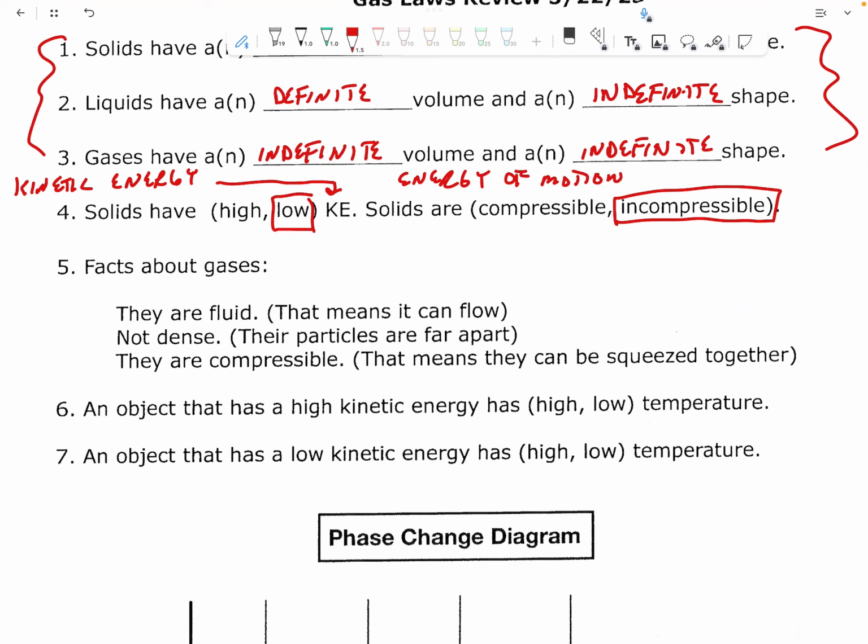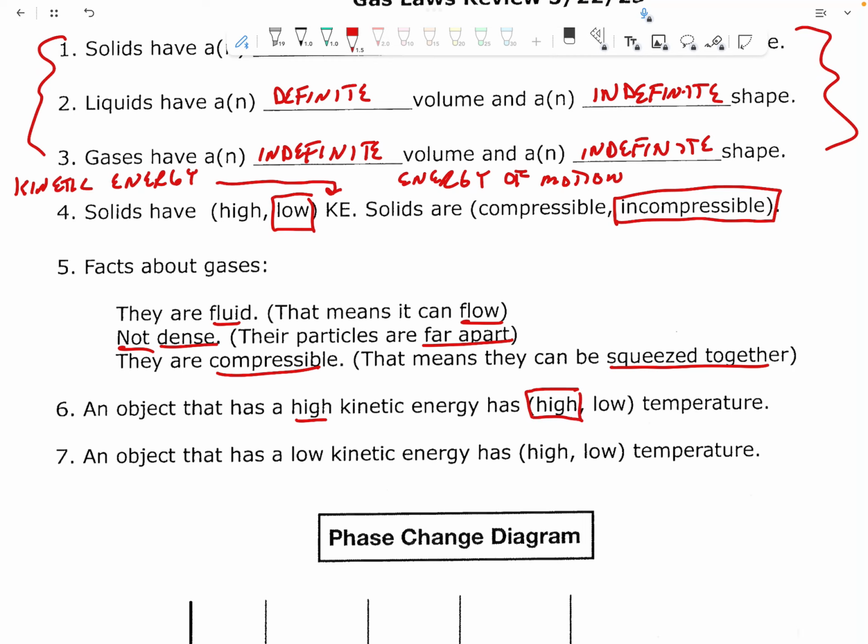Gases. Gases are fluid. That means they can flow. They are not dense. That means their particles are far apart. They are compressible. That means you can squeeze them together. 6 and 7 are talking about kinetic energy again. An object that has a high kinetic energy has a high temperature.